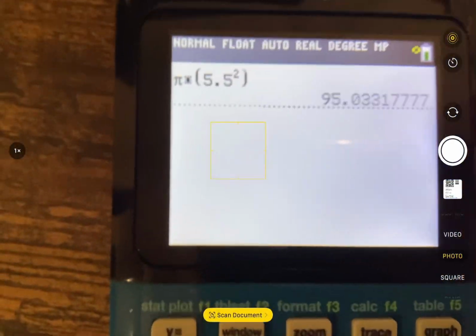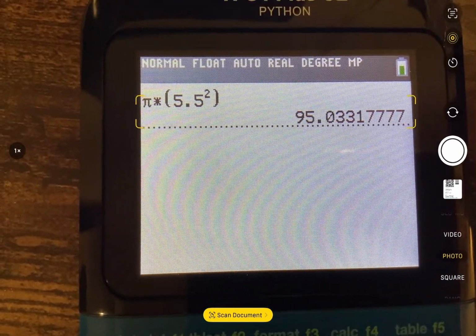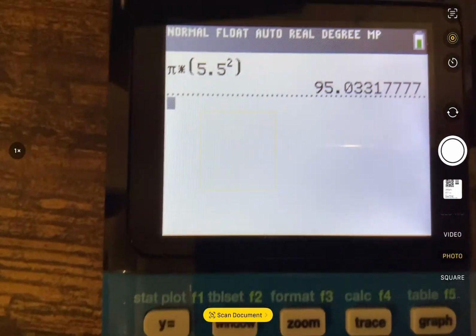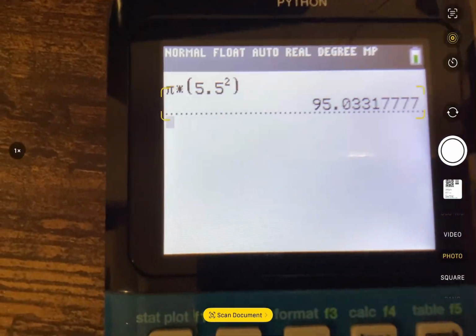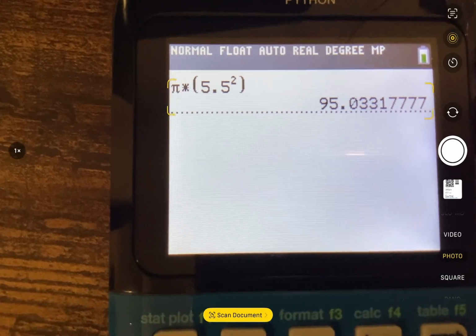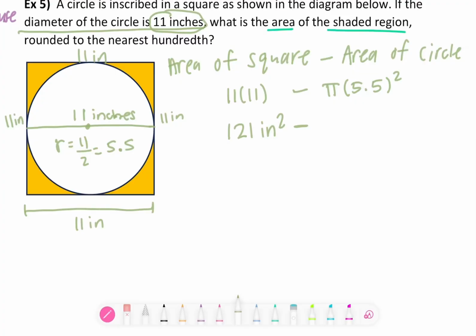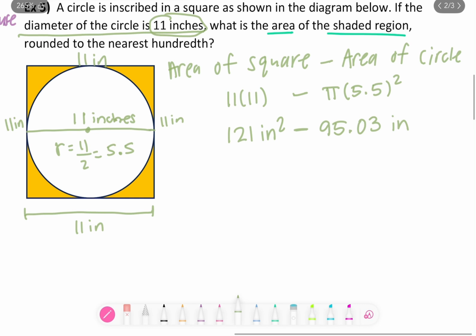Okay, and that's going to be 95.03, rounding to the nearest hundredth, which I believe is what the problem said. 95.03 inches squared as well. It's going to have the same units because it's also an area.